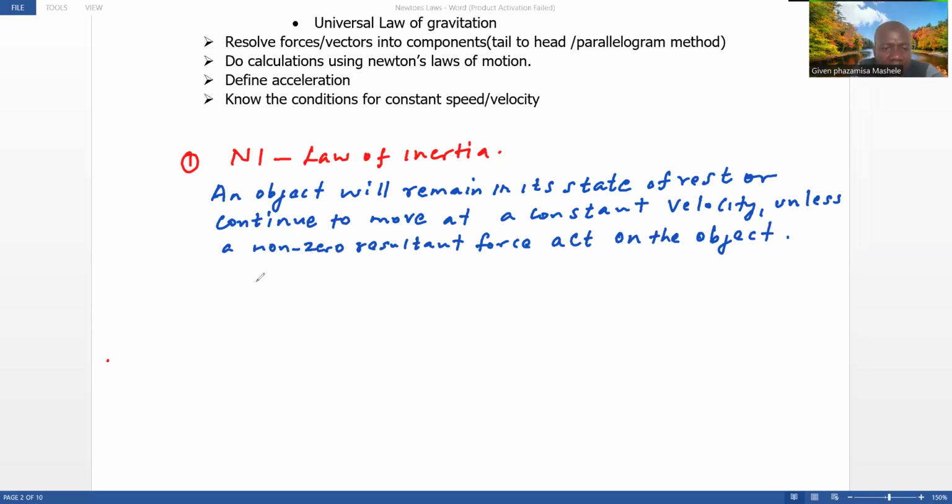What do we mean by this non-zero force? When we have a resultant force that is not zero, it means we are dealing with forces that are unbalanced.